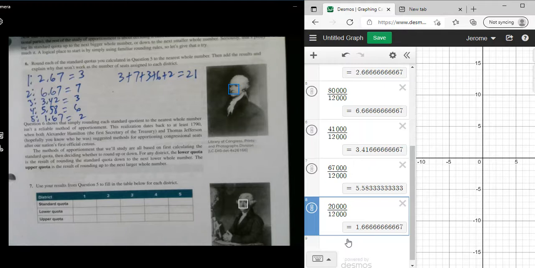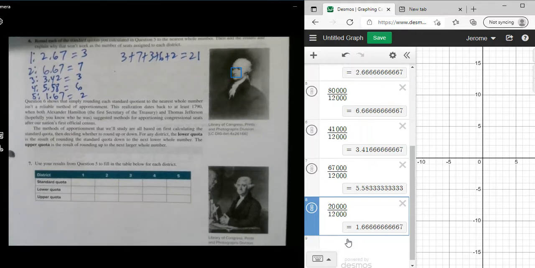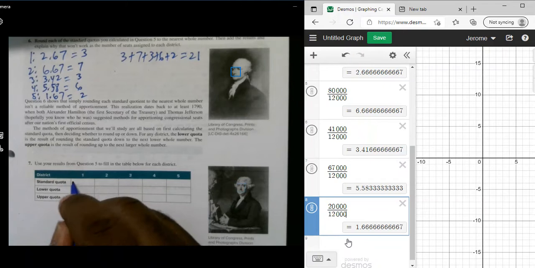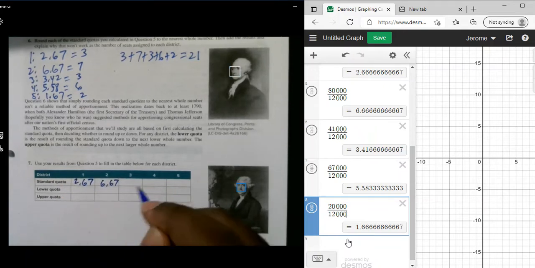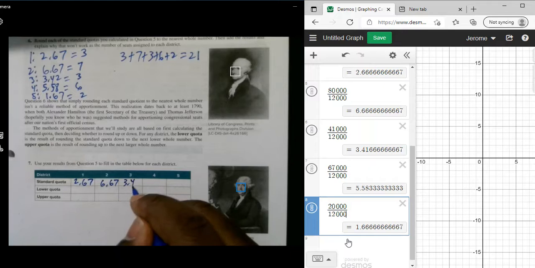Okay, now for number 7, it says use your results from question 5 to fill in the table below for each district. Okay, so now we need to write out our standard quota, which is 2.67 for District 1, 6.67, and so on.